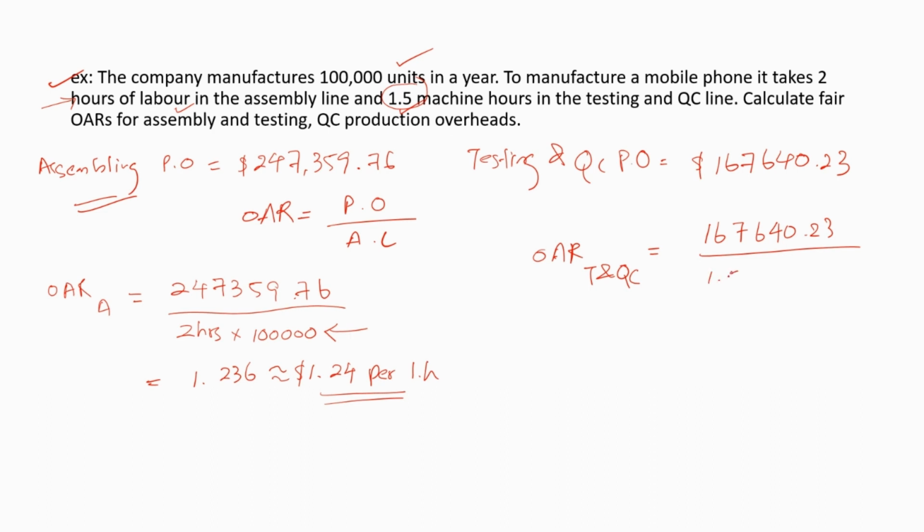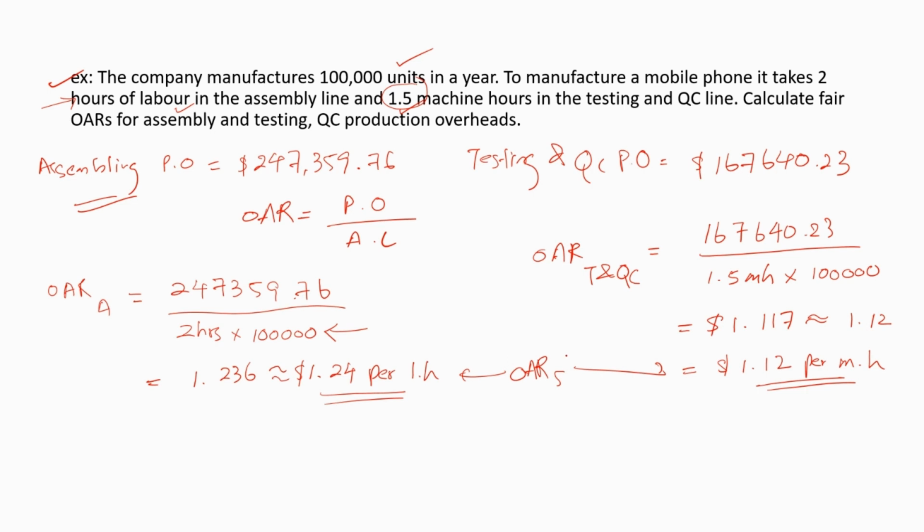So 1.5 machine hours, and they are going to produce 100,000 units. This is equal to 1.117. Let's round it off to 1.12. So the OAR for testing and quality control is equal to $1.12 per machine hour. So these are the OAR values.